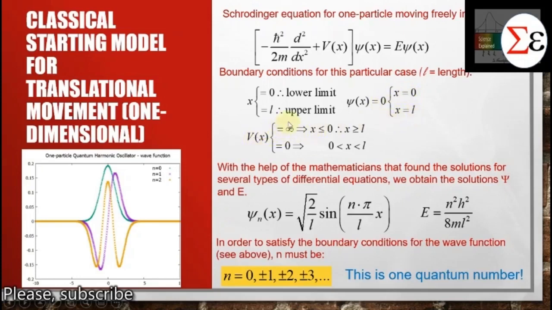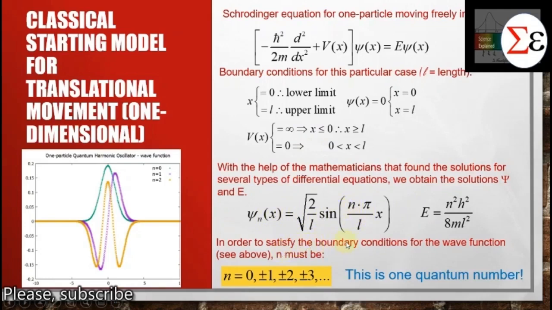The potential energy is infinite for x less than or equal to 0, or when x is greater than or equal to L. The potential energy is 0 when x is between 0 and L. Then, with the help of mathematicians who found the solutions for several types of different equations, we obtain the solutions psi and E. The wave function for one particle in one dimension is given here, where we have the quantum number n.